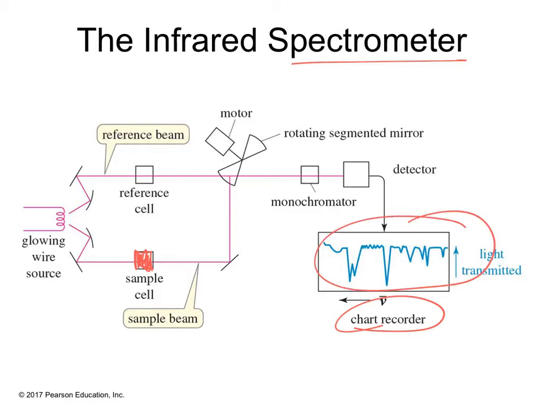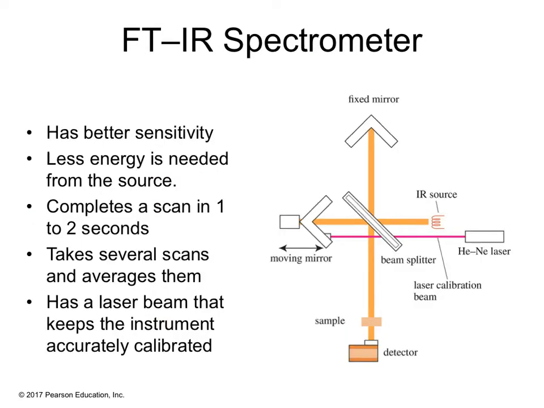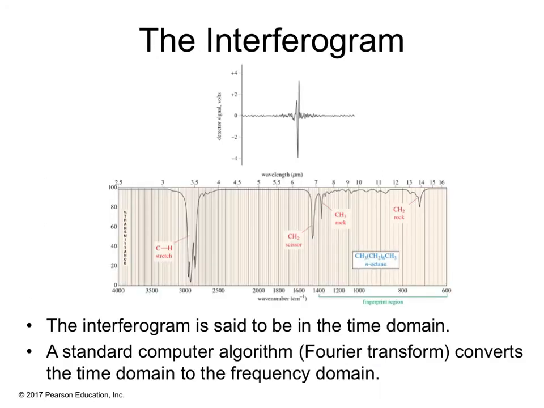It's important that you understand that this is what an IR peak looks like, so you know that you're reading an IR instead of an NMR or a mass spec. We use the Fourier transform infrared, and so you can get more information in fewer scans, and you use a computer to work out the math.